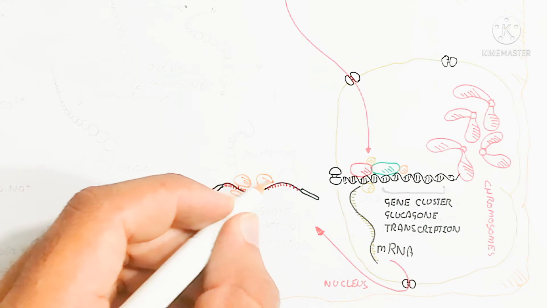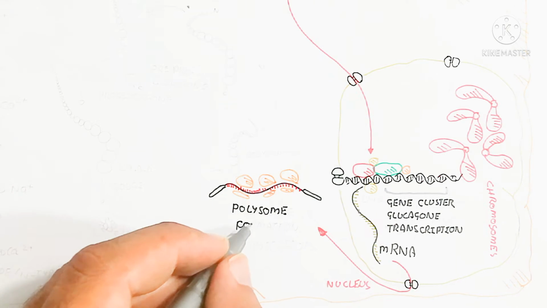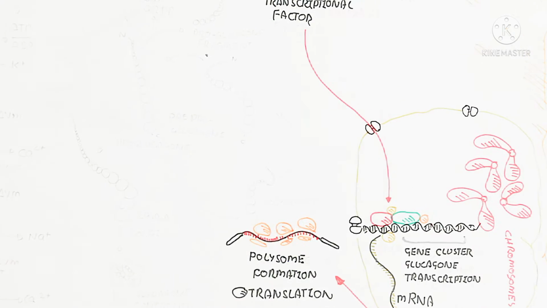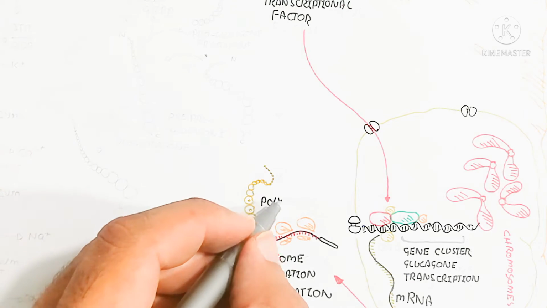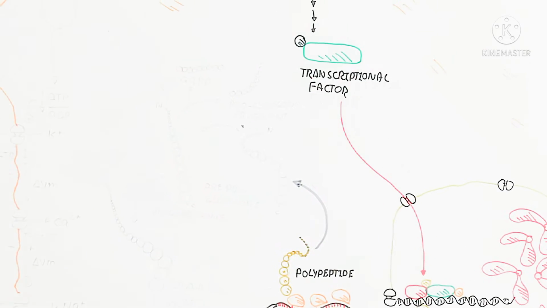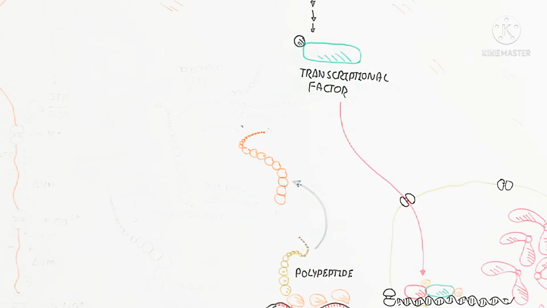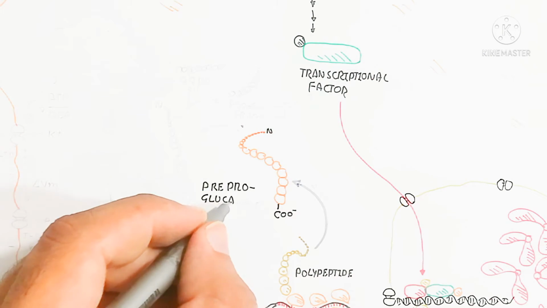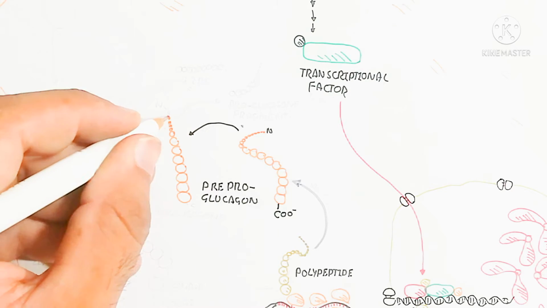This polysome formation, when the ribosomes bind collectively, is known as the polysome. This polysome will produce the polypeptide from the transfer RNA. The initiation factor binds and initiates with the methionine first, the AUG codon, with the anticodon of the transfer RNA, and that produces the polypeptide, and these polypeptides will be terminated and produce a pre-pro-glucagon.